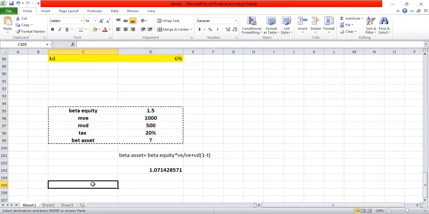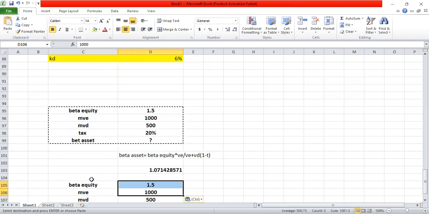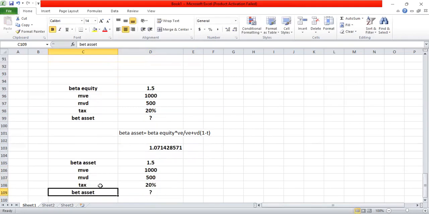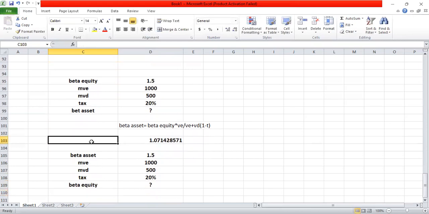Now, for example, examiner is saying to you that this is the beta asset. And now we have to perform the calculation for beta equity. Now this is the requirement.